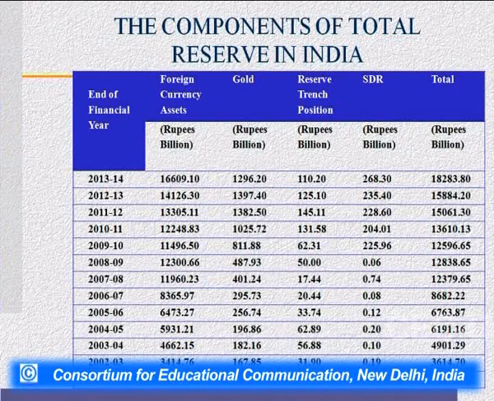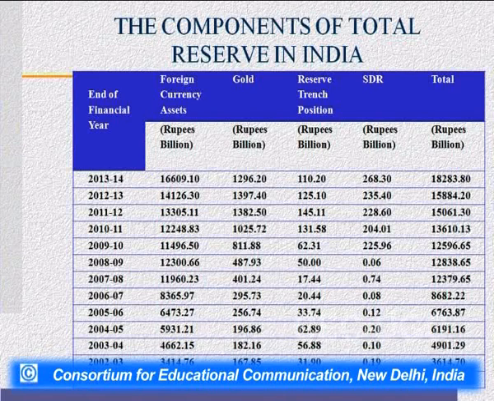These are the components we discussed about the facts of foreign exchange reserve, where we discussed what the components include: foreign currency assets, gold, reserve tranche position and SDR, and these are the figures of the particular components from year to year. Here you can see foreign currency assets is 3414.76 in 2002-3. Gold is only 167.85.